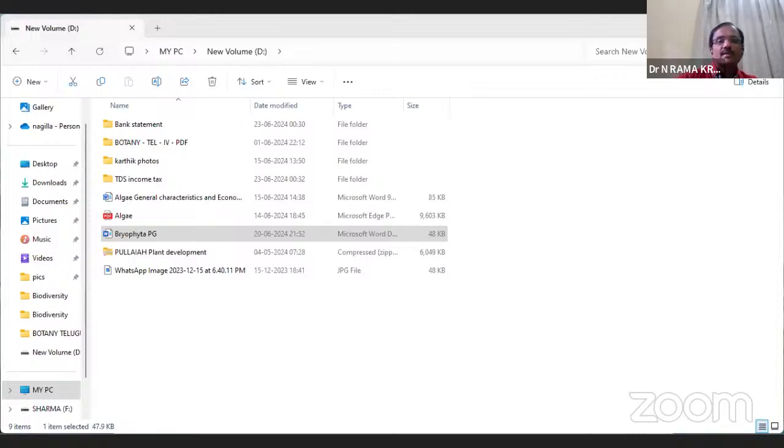The upper epidermis is a single layer, with no intercellular spaces. In the lower epidermis also there are no spaces. From here we are looking at the smooth rhizoids. In between the lower and upper epidermis, it is totally parenchymatous.